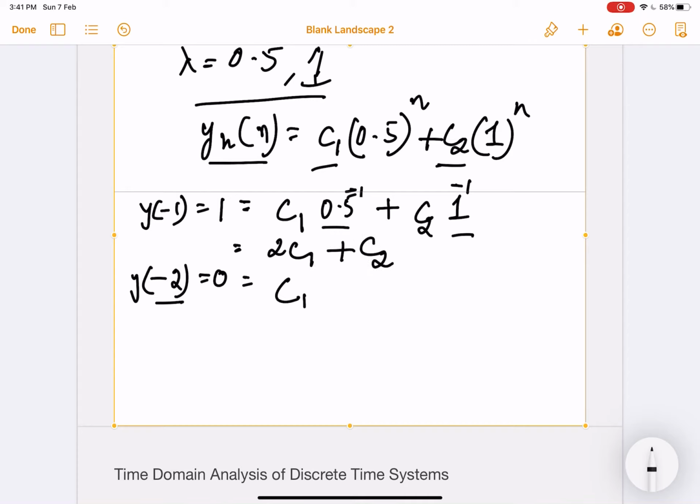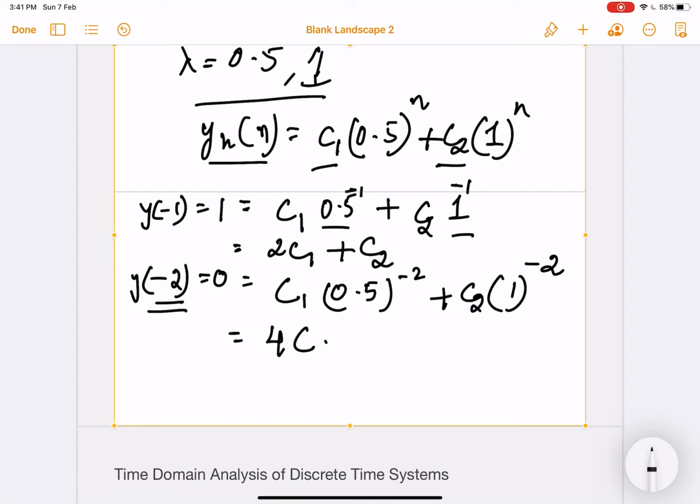Now we put n is equal to minus 2. So it's C1 into 0.5 to the power minus 2 plus C2 into 1 to the power minus 2. 1 to the power anything is 1 only, and 0.5 to the power minus 2 is 4, so 4C1 plus C2.